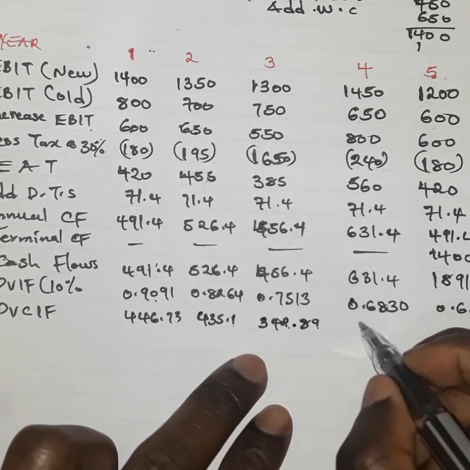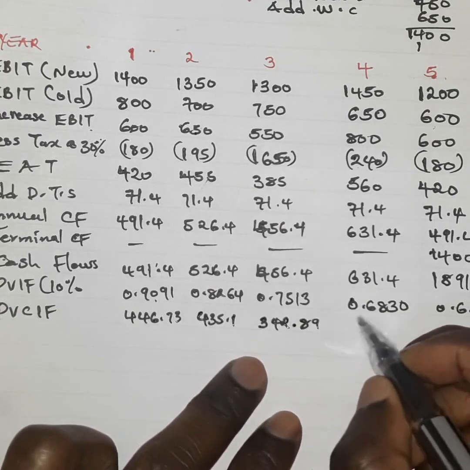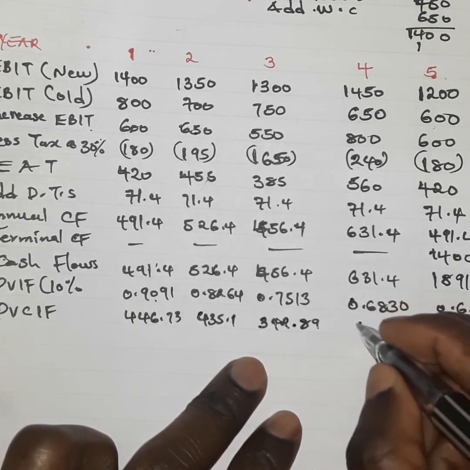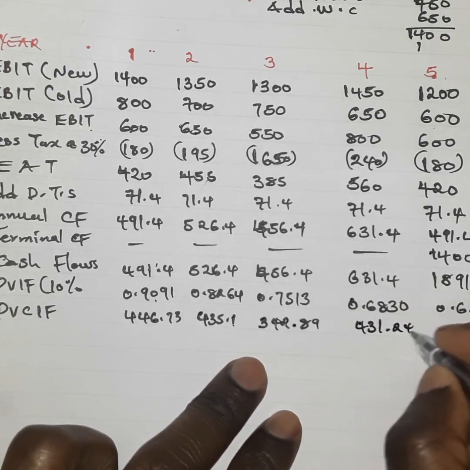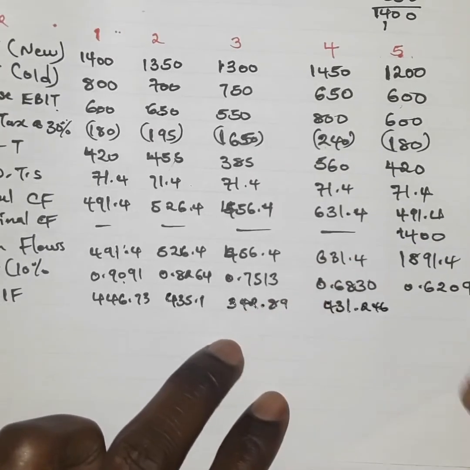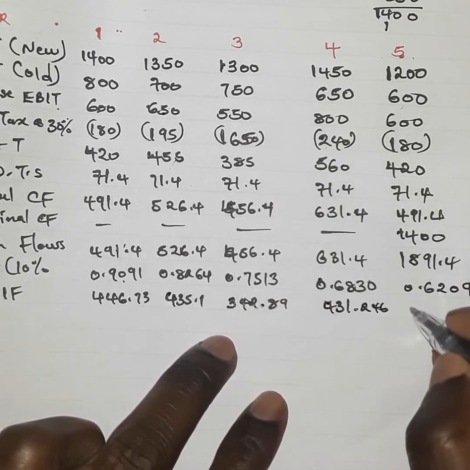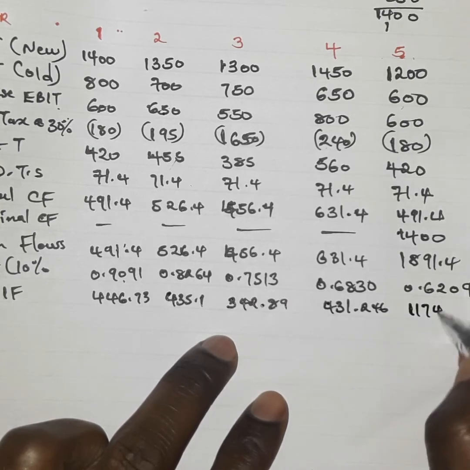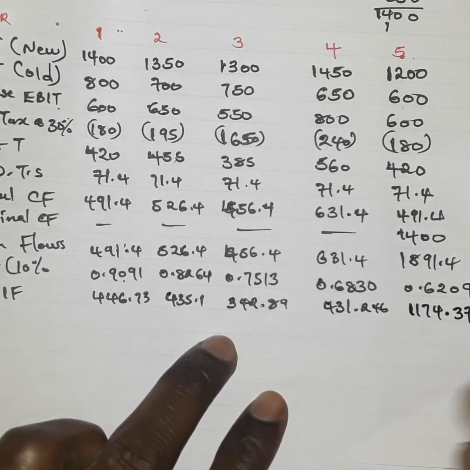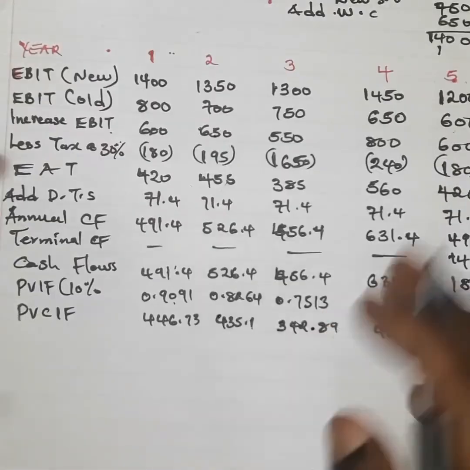And then of course here we get a value of 431.246. And then the last year, multiply the 2, we get a value of 1174.37.